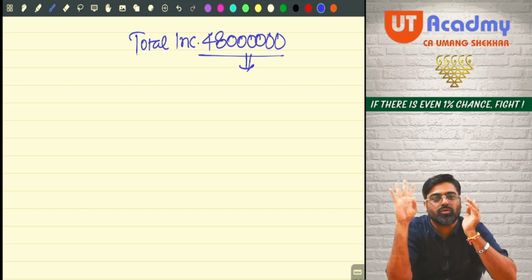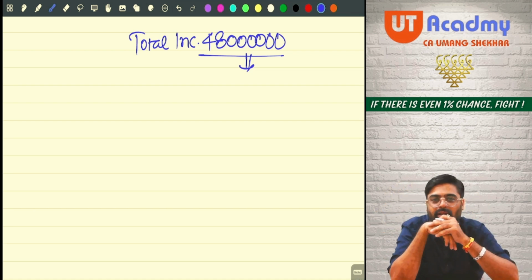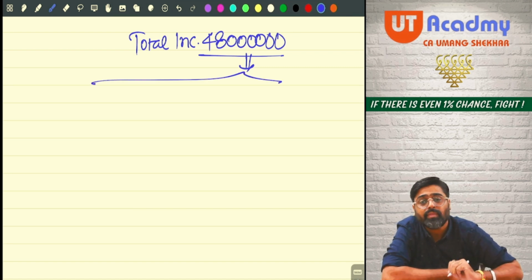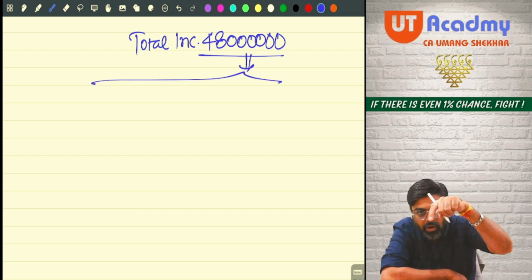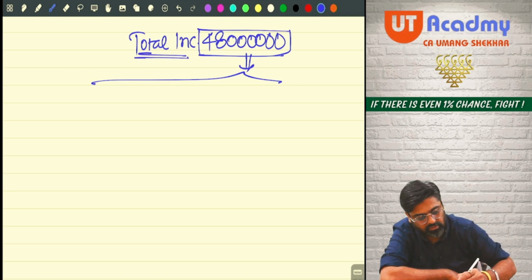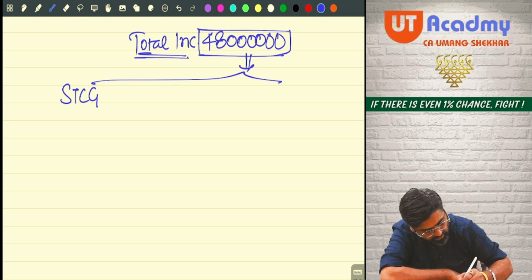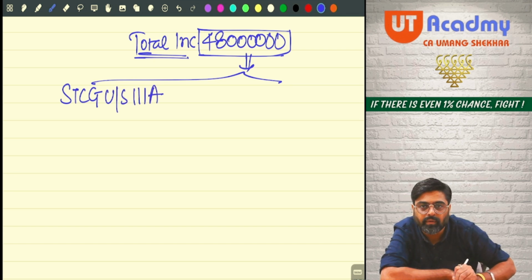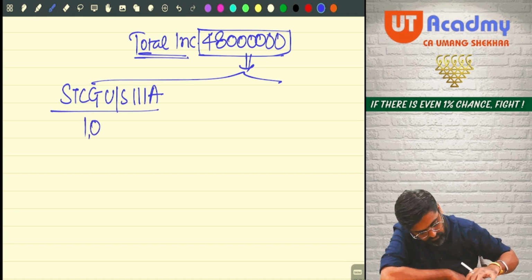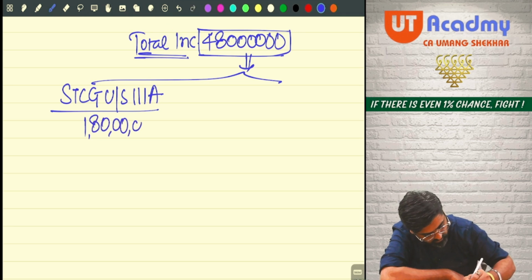Because those four incomes are not given in the total income. But wait. They are saying that in your total income of 4 crore 80 lakhs, there is short-term capital gain under section 111A, and that amount is 1 crore 80 lakhs.